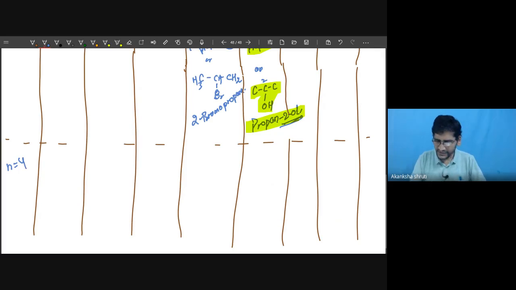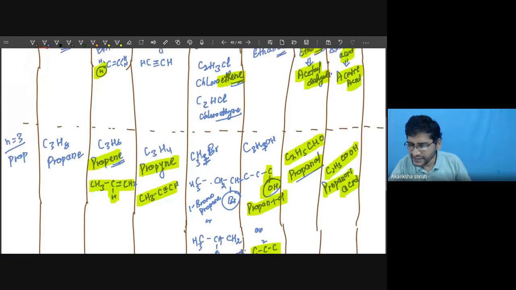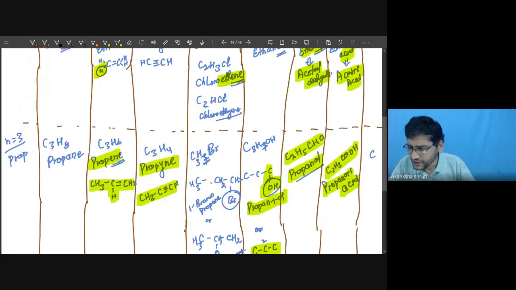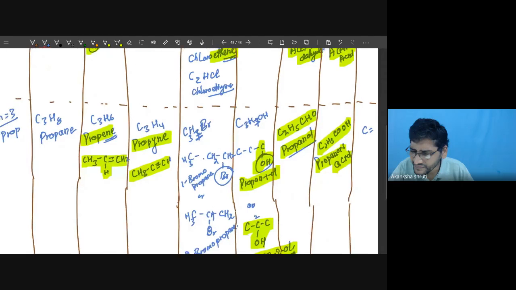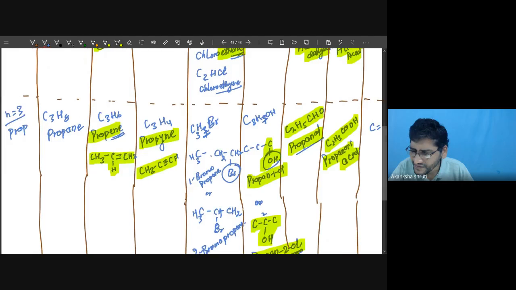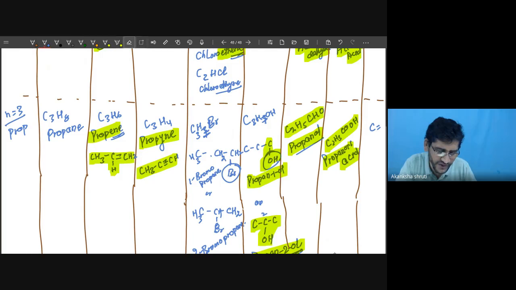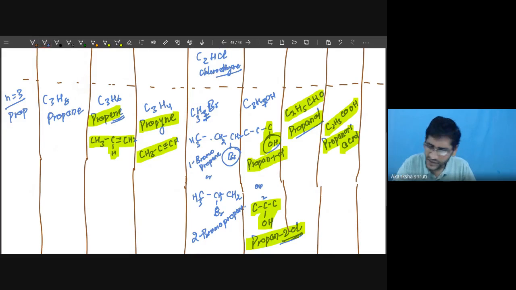Here, students, for n equals to 3, the ketone also started. The ketone structure, let us write ketone also. So CO is the functional group. So this CO is the functional group. But with this CO, now we can attach one CH3 here and another CH3.